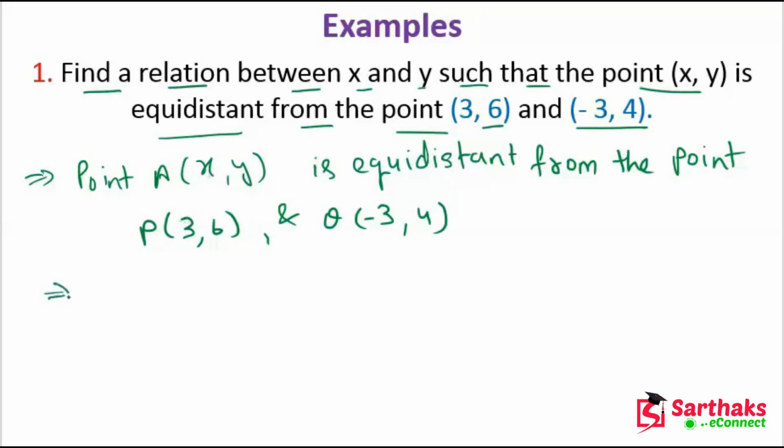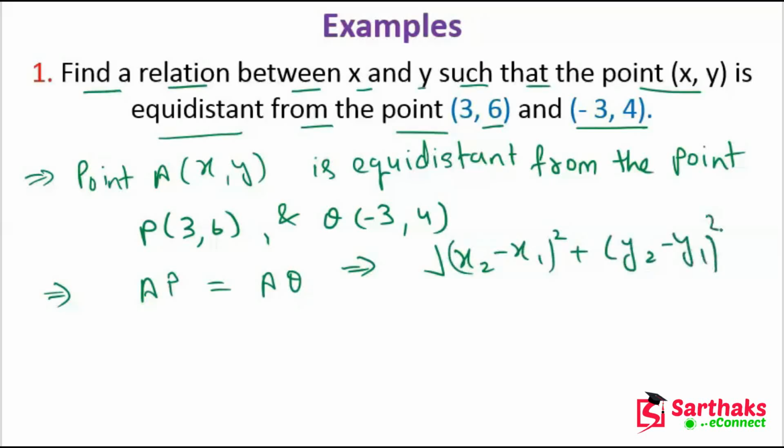So we can do it as distance AP is equal to distance AQ, because A is equidistant from P and Q. Now we can apply the distance formula: the square root of (x2 minus x1) whole square plus (y2 minus y1) whole square.